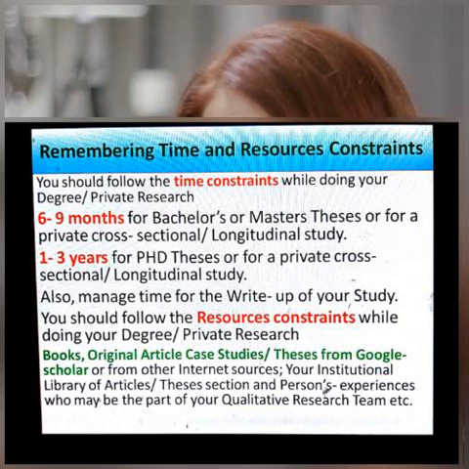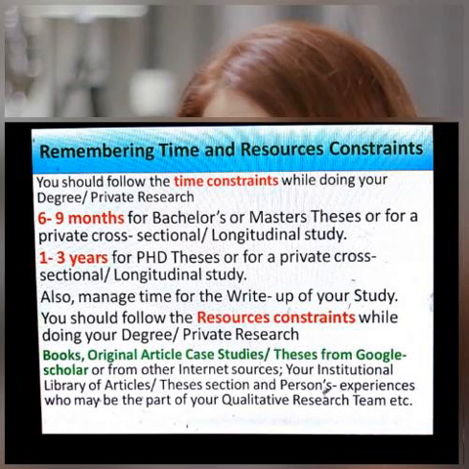Then there are two more concerns that are minor but important. The first is remembering time, and the other is using resources, and what kind of constraints time and resources have. So you should remember how to time your study, how to use resources for your study, and to which extent you should manage time and resources to do your study.